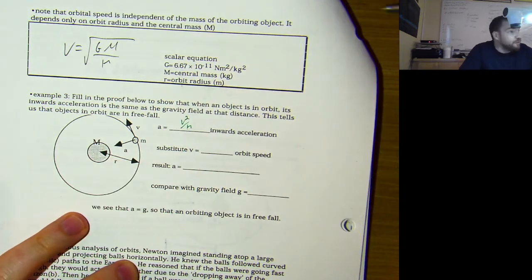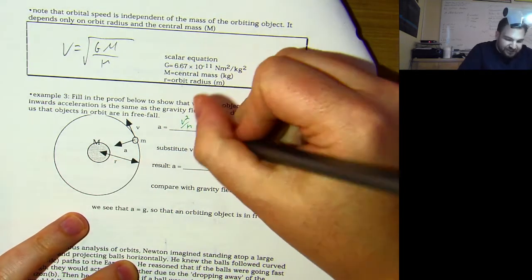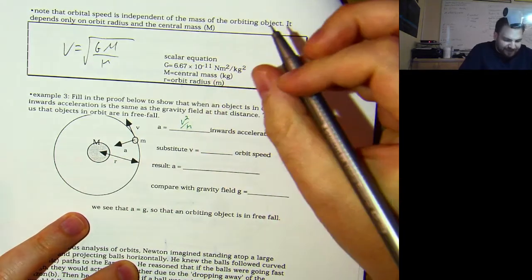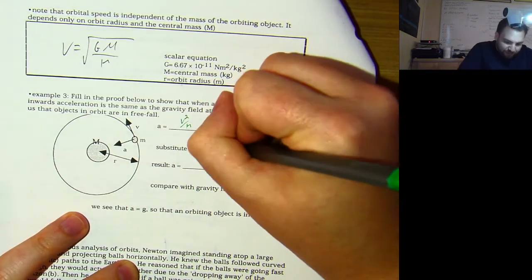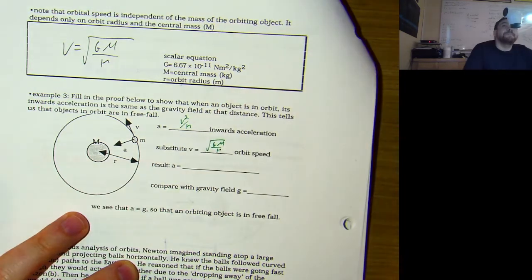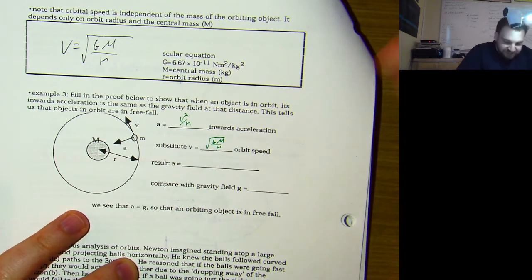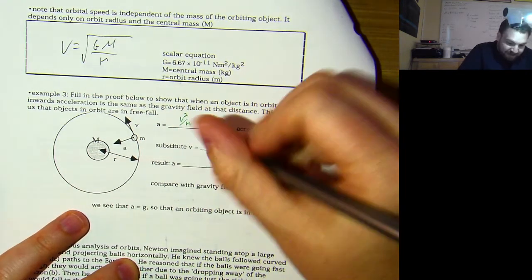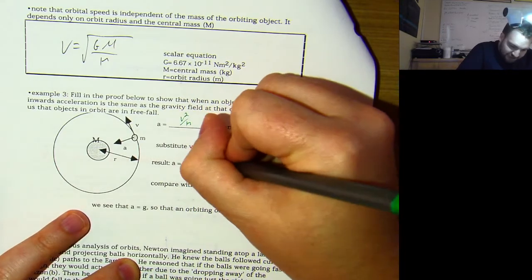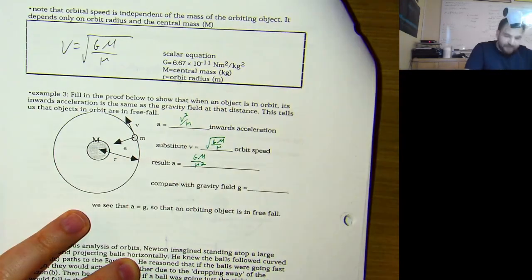Cool. And for an object in orbit, we've established that the velocity is the square root of GM over R, which gives us this result. A equals V squared over R, so that's going to give us GM over R squared.